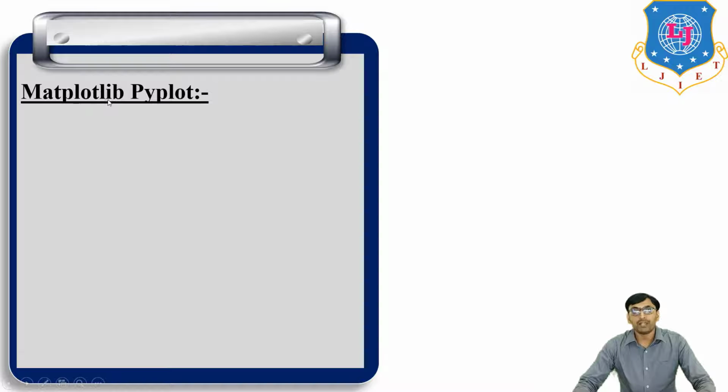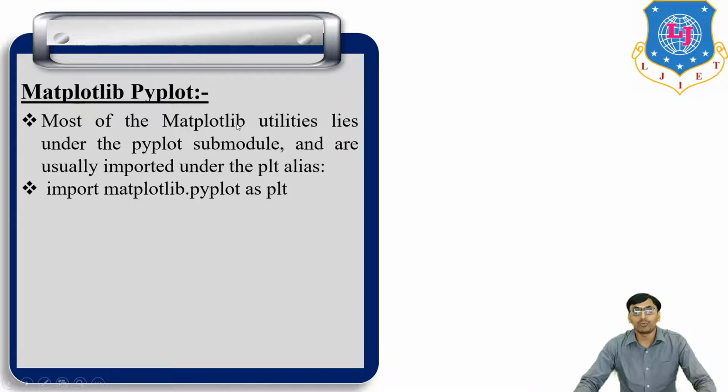Next one, matplotlib pyplot. Most of the matplotlib utilities lie under the pyplot submodule, which is one type of submodule, and are usually imported under the plt alias. This plt is the alias name of pyplot.